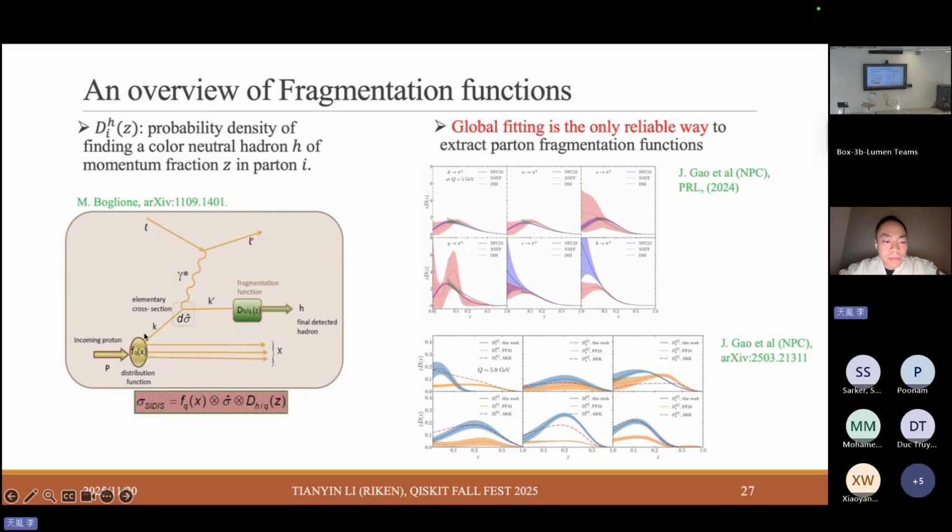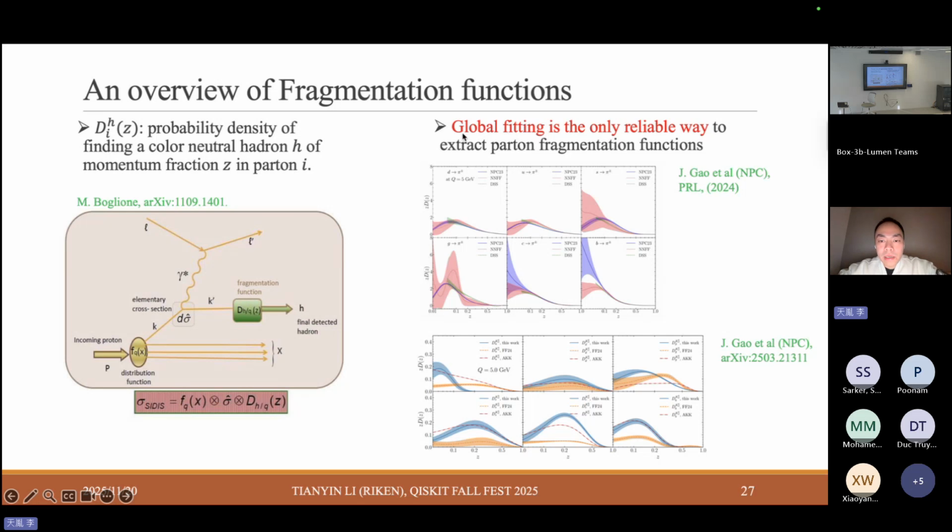This Feynman diagram is the diagram of the semi-inclusive deep inelastic scattering process, and the hadronization of the final state quark can be described by this fragmentation function.